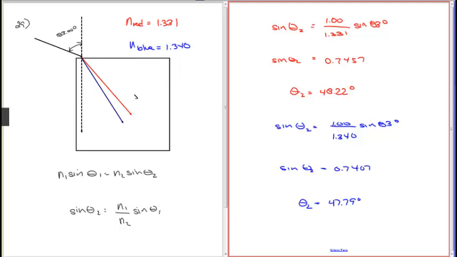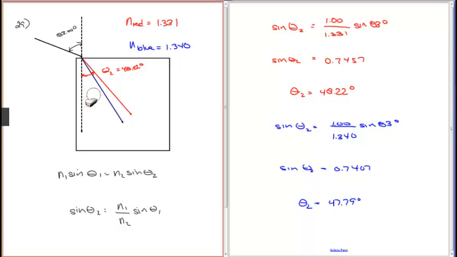And the reason I thought it went that way was because of our discussion on rainbows. So what we see is that theta 2 red is 48.22, which is a little bit larger than theta 2 blue.